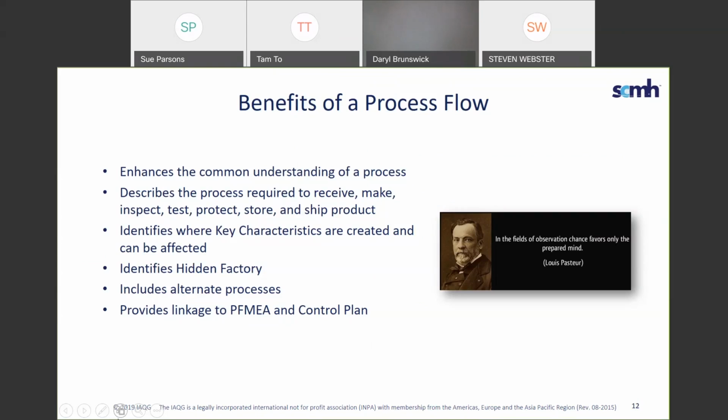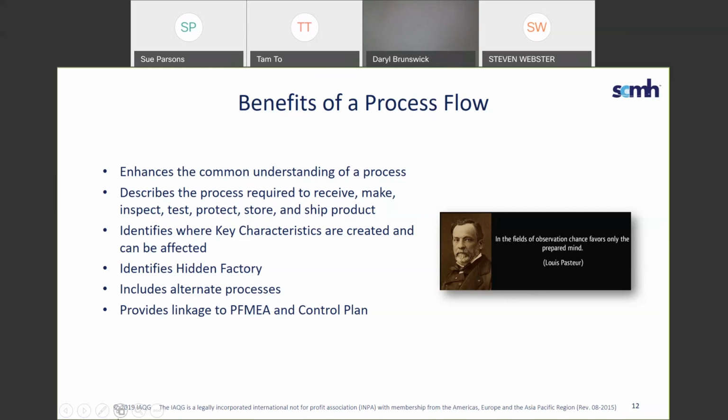A few other key benefits include that it enhances common understanding of a process by visually and/or descriptively showing the step-by-step process. It describes the process comprehensively. It identifies where those product key characteristics are created and how they can be affected by neighboring processes.